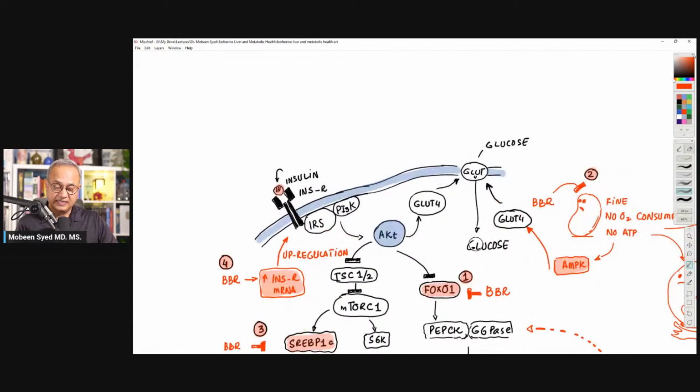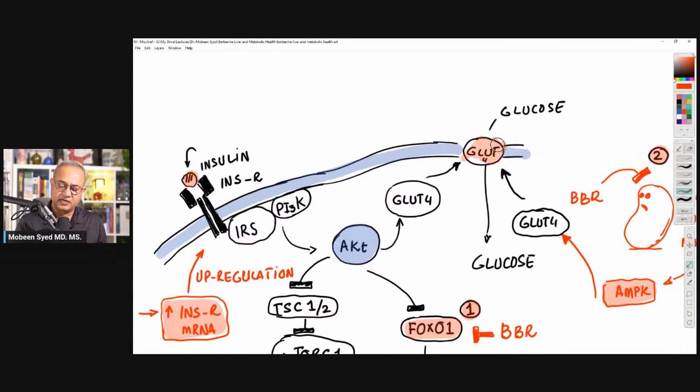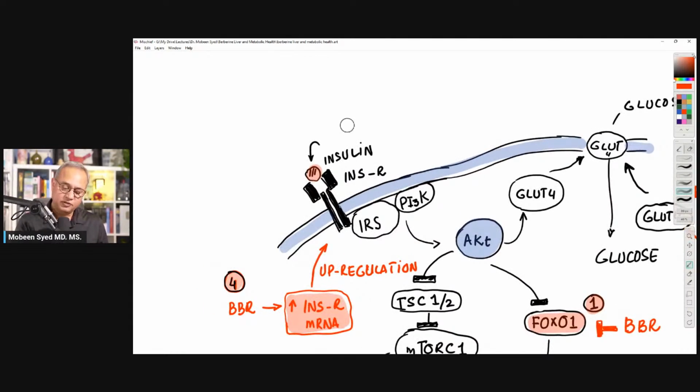Now, on the cell surface are insulin receptors. Insulin receptors are basically gatekeepers for glucose channels. So here in my diagram, glucose channels are here. These are GLUT4 channels that are insulin operated. So if we go back here, insulin receptor, here is the insulin.